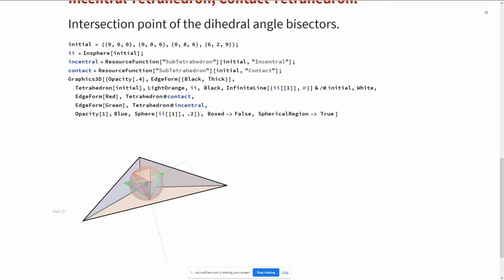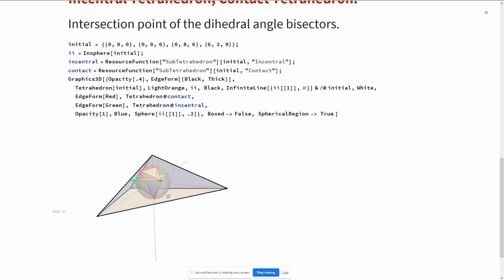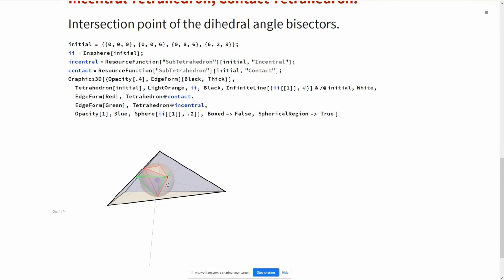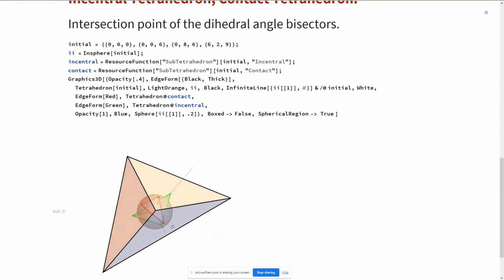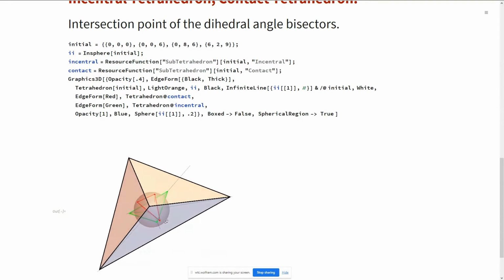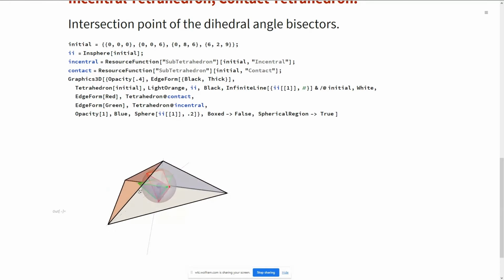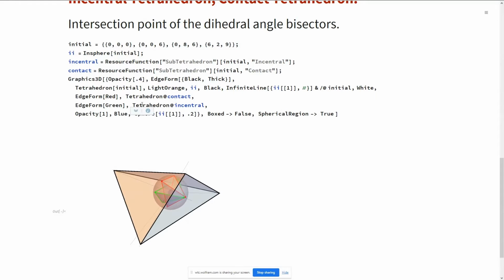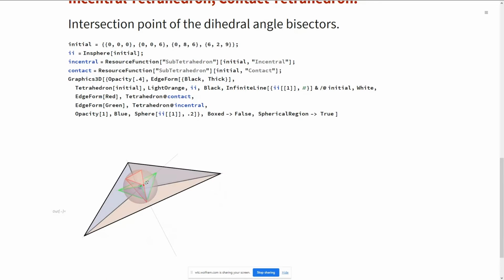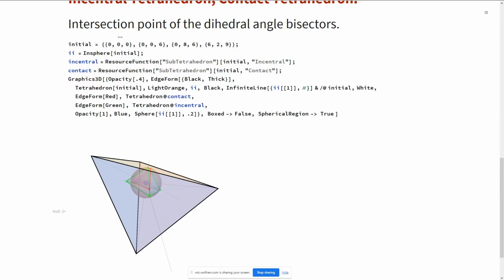The green tetrahedron is the central tetrahedron. The red tetrahedron, where the sphere is tangent, is the contact tetrahedron. I need to solve things like this regularly, so I finally gave up and wrote a function that would just solve all these sorts of problems for me.